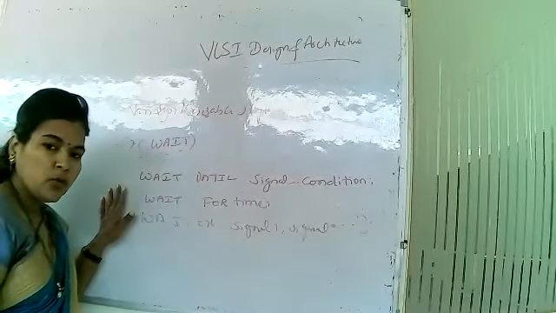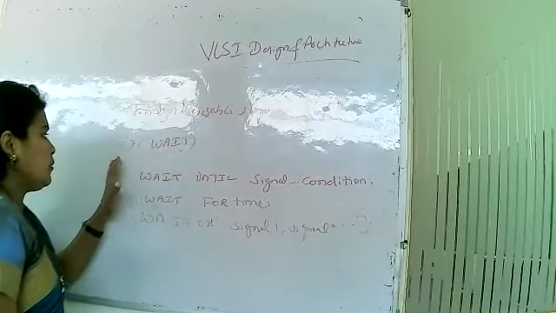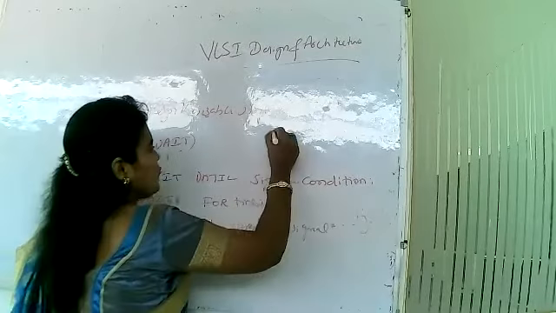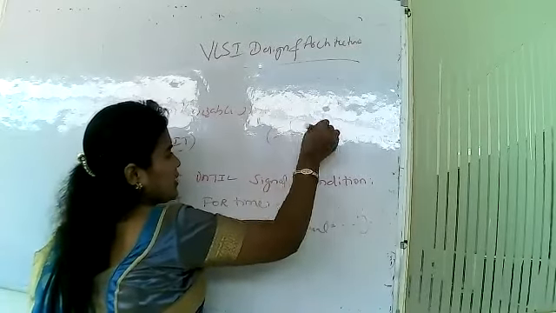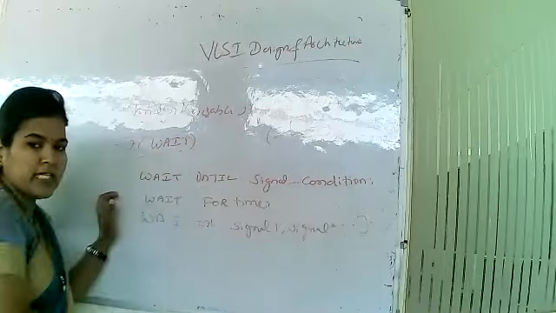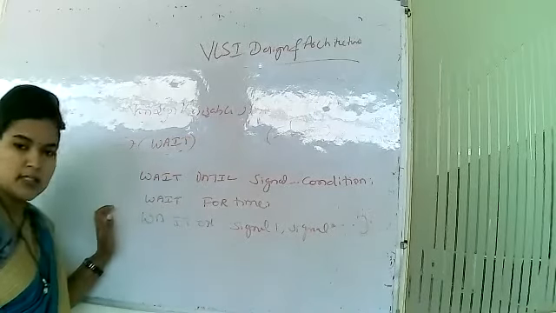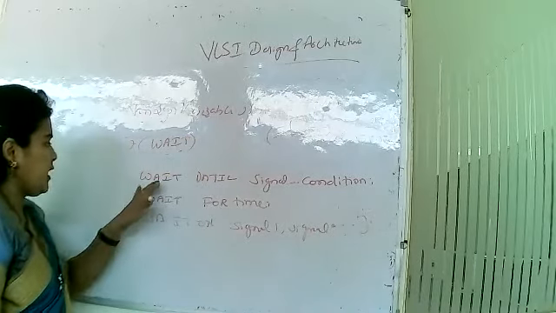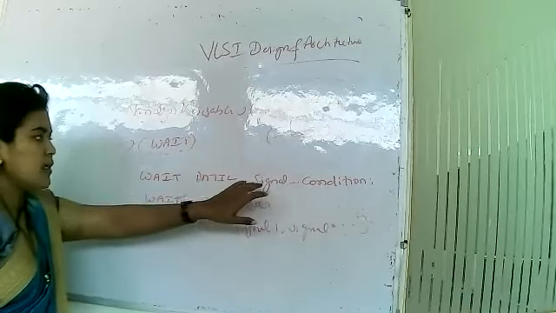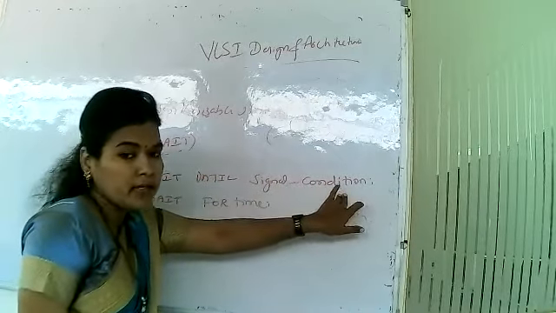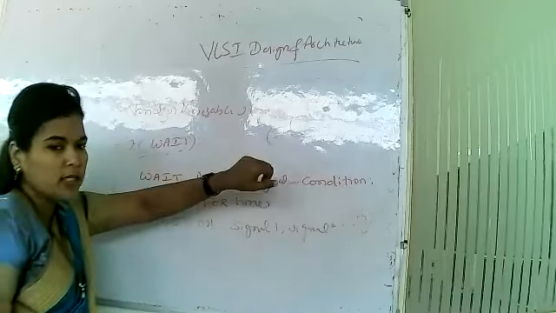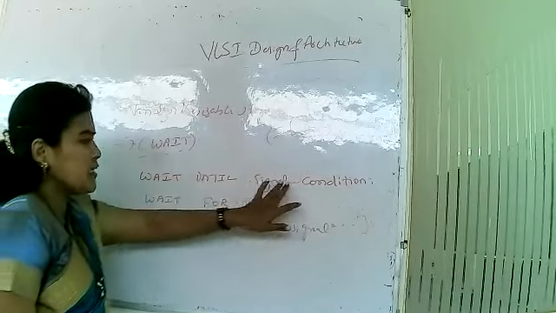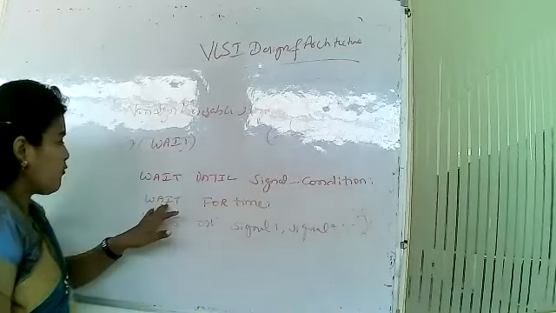So wait means you will wait here. It is like an if statement. If means there is a condition. In the wait also there will be a condition, but it is a non-synthesizable statement in VHDL. Wait until signal condition.